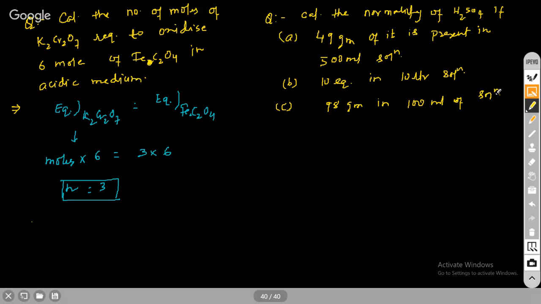Ten equivalents in 10 liter. It's 98 gram in 100 ml, so 100 into 10 will be there, and 98 by 49 is 2. So the answers are 2, 1, and 20.